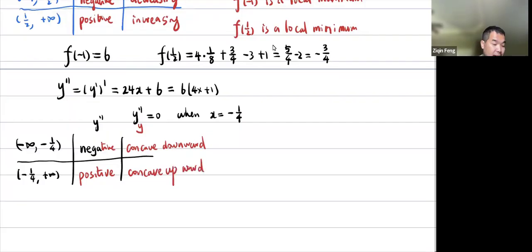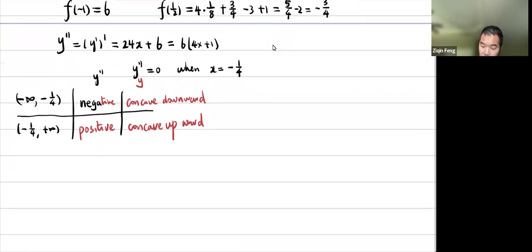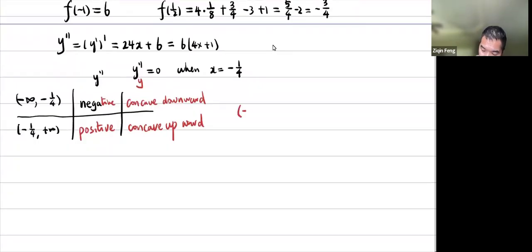And also you can see that the concavity changes, right? Left side of negative 1 over 4 downward, right side is upward. So you have an inflection point. So at negative 1 over 4, f of negative 1 over 4, the concavity changes, right? So this is an inflection point.